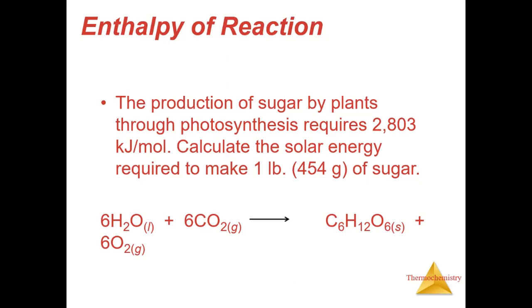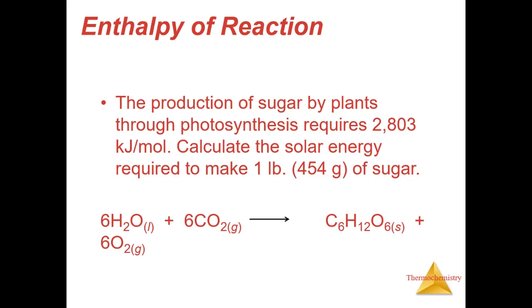If I have 6 moles of water and 6 moles of carbon dioxide, I will make 1 mole of glucose by putting in 2,803 kilojoules. How much energy would be required to make 1 pound? What's the first step of this strategy going to be? What is the first thing I'm going to have to do?